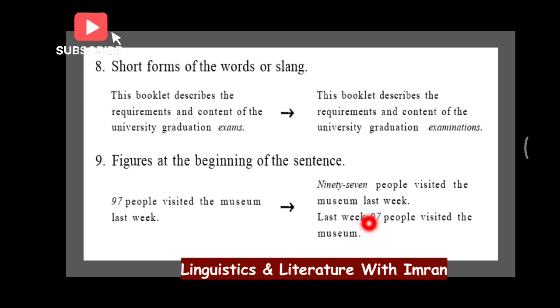In figure 97, it should be placed in the middle. In words, you can use "ninety-seven" at the initial or beginning position. And in conversational style, you can say 97 people even at the beginning.